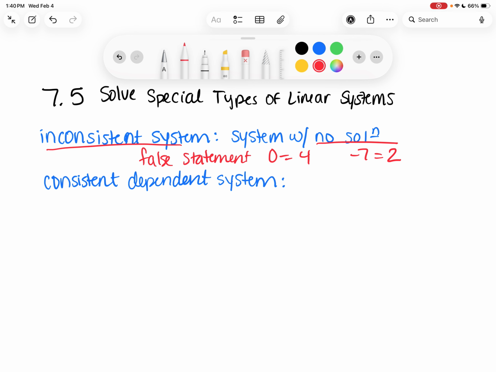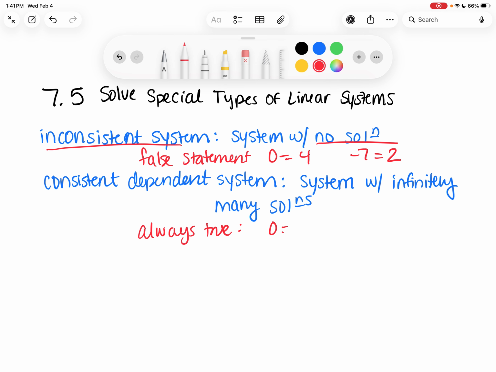Okay? Consistent and dependent, these things go together, is if a system has infinitely many solutions. Which this would be something that's always a true statement.